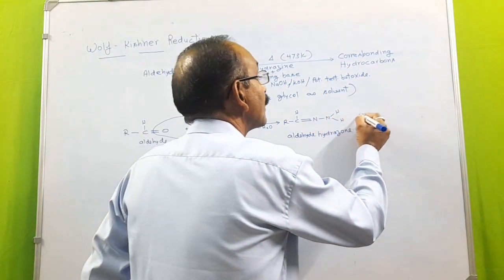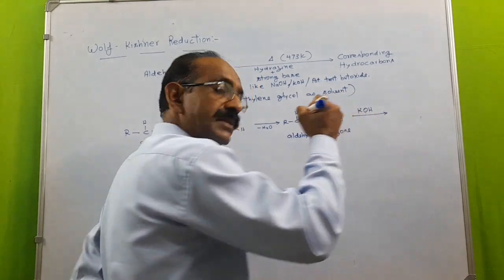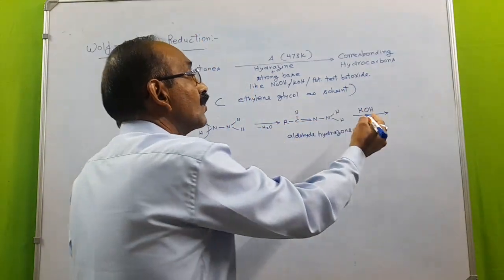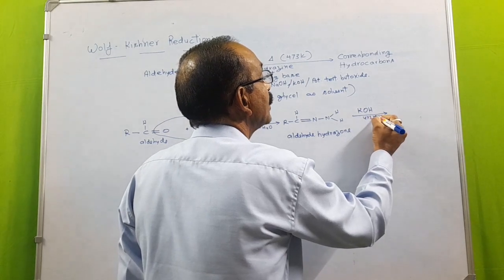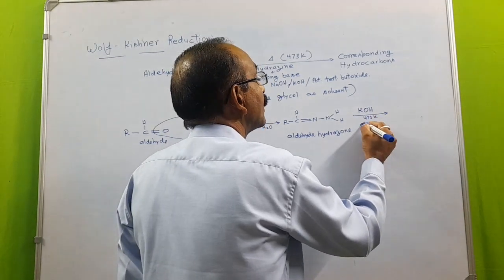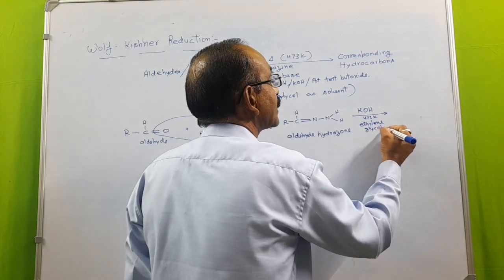Now here what happens, as we are taking a strong base also and we are heating it at high temperature, and ethylene glycol is used here as a solvent.